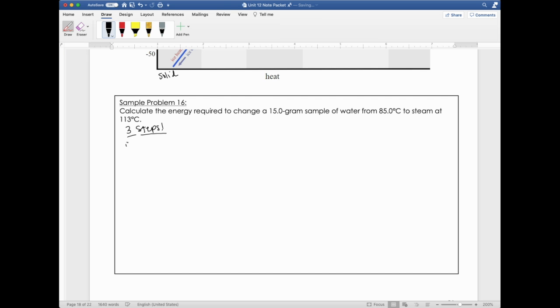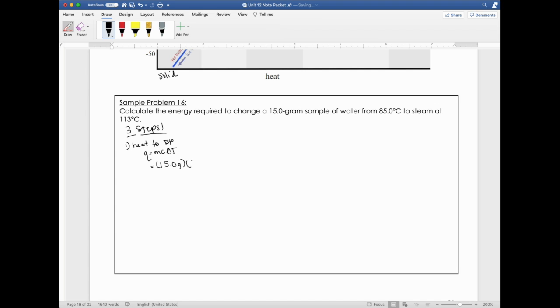The first step would be to heat the water to its boiling point. It's not at its boiling point yet, so we're going to bring it to 100 degrees. We're going to do that using Q equals MC delta T. Mass of the sample is 15 grams, that we know.